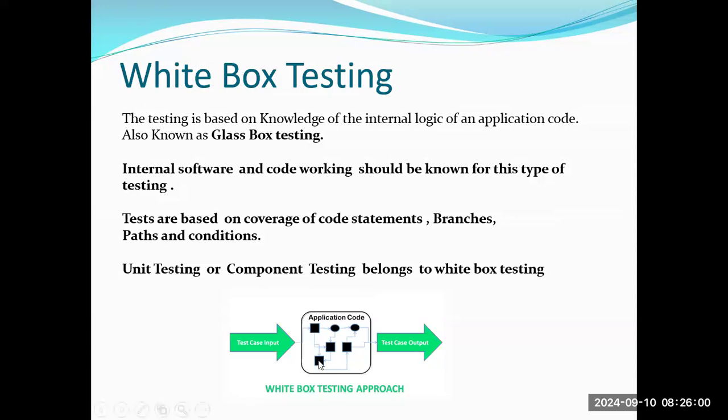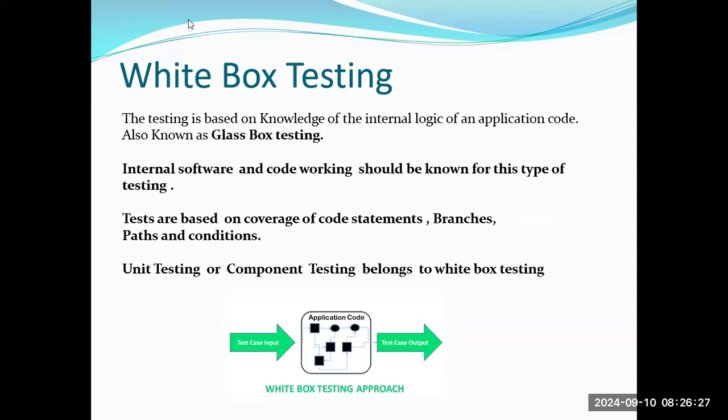This is the method, this is the class, this is the application code, they can see it. That is the reason they call it a white box. The testing is based on the knowledge of the internal logic of the application code. If you know the application code, then what kind of testing can we perform? White box testing.